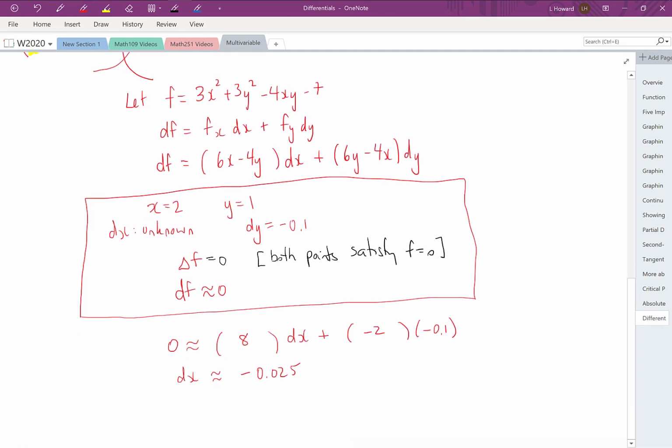So to finish off the calculation, we're just going to write down 2 plus dx. So 2 plus dx is going to be approximately 1.975. And that gives us the x-coordinate of that nearby point.